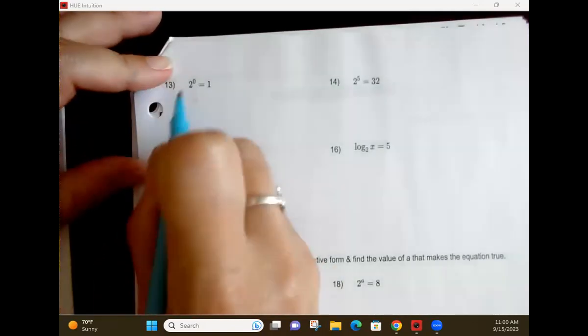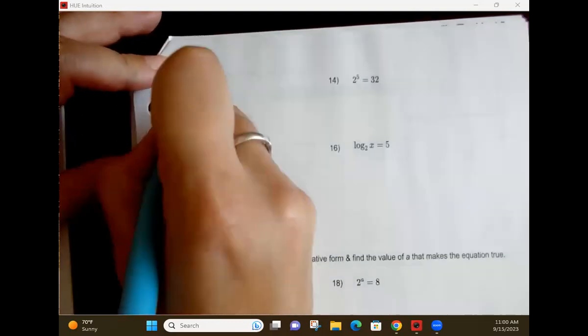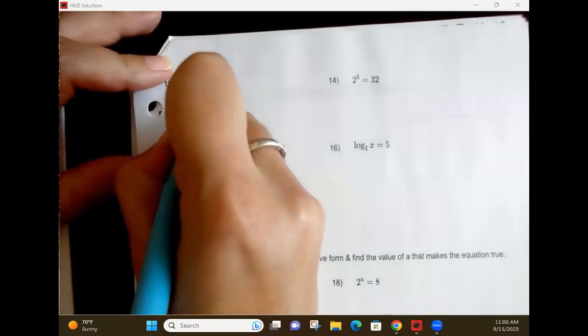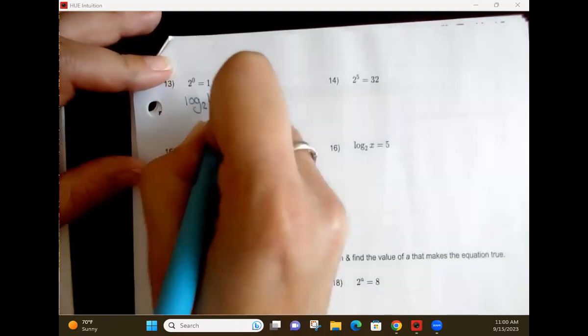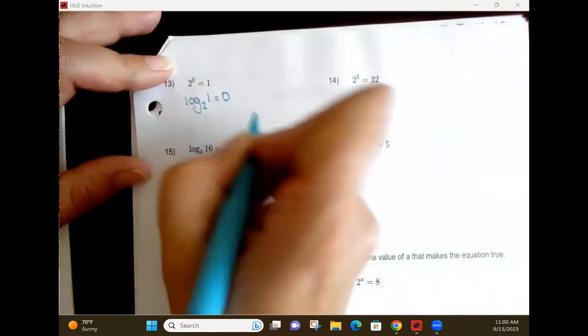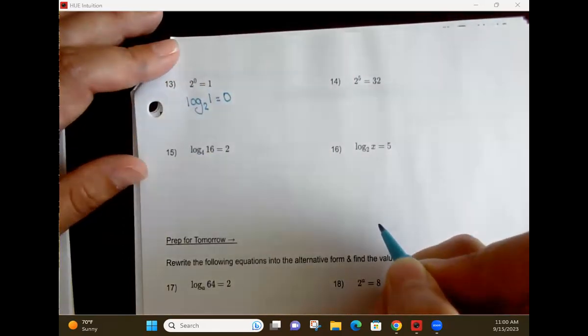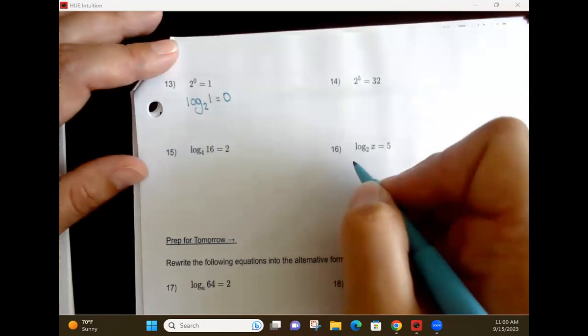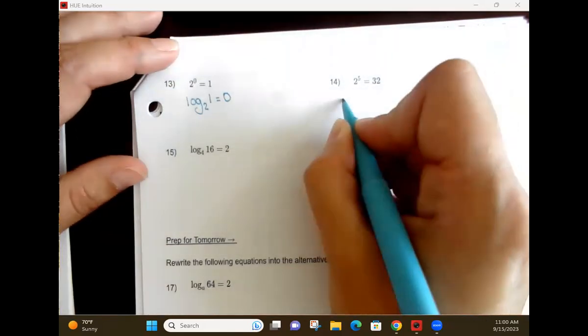Okay, let's take a look at these. Number 13, I'm starting with an exponential equation. So I'm going to rewrite this as a log. Log base 2 of 1 equals 0. 14, starting with an exponential again, so we're going to change this to a log.